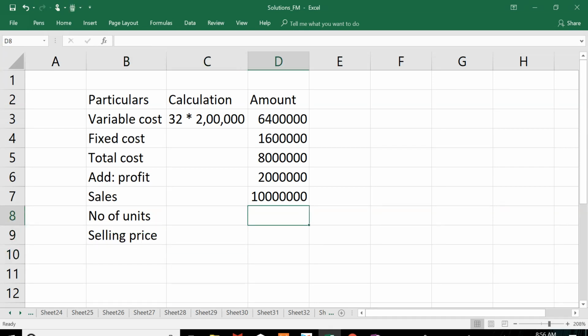We wanted to sell the entire 2 lakh units, so I've tried to find out at what price we can sell those 2 lakh units.